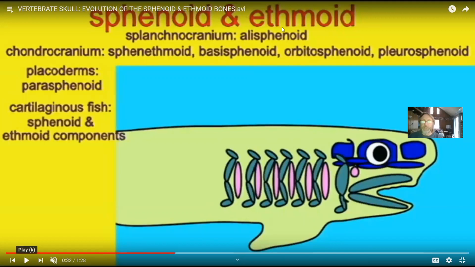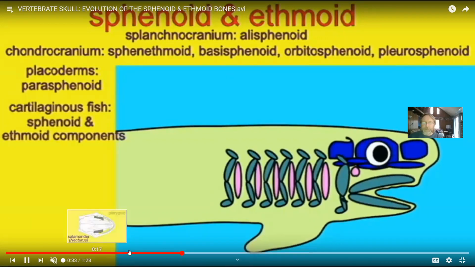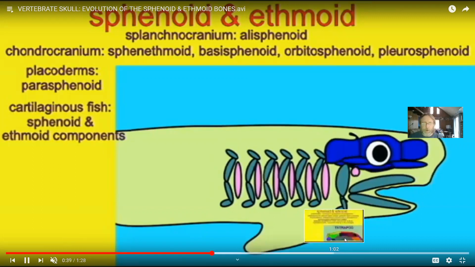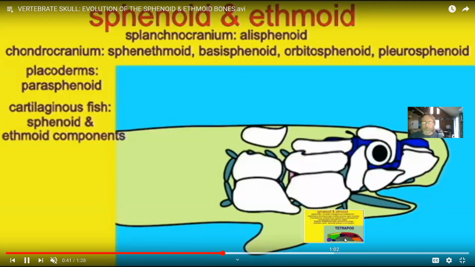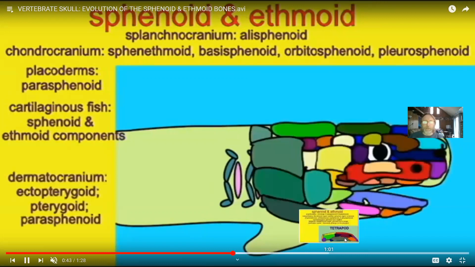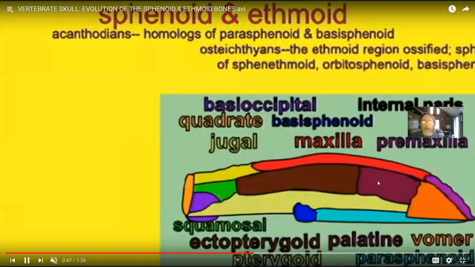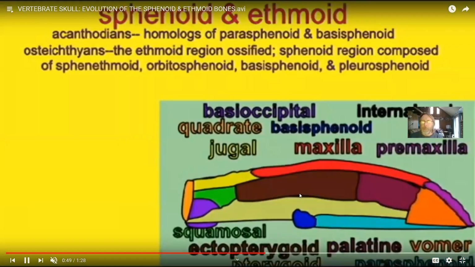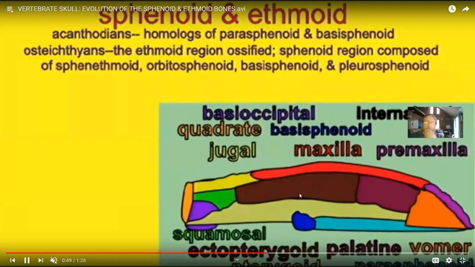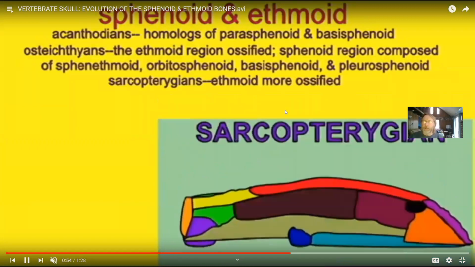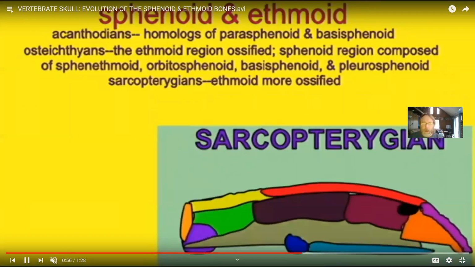And once again, interestingly, we're getting parts of the splanchnocranium, chondrocranium, and dermatocranium forming the sphenoid bone, and then the ethmoid bone coming from the chondrocranium. And so these are complex bones, which then change a bit over time. The sphenoid area is changed in its overall shape.